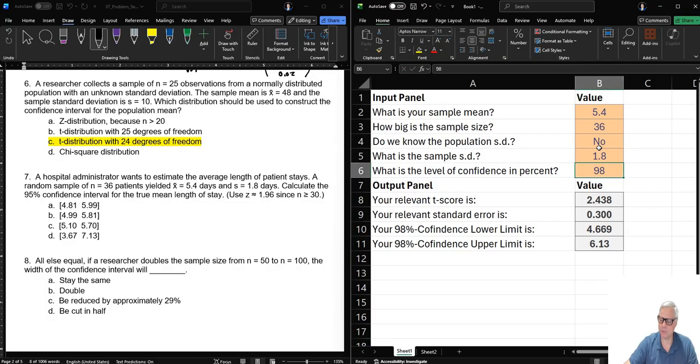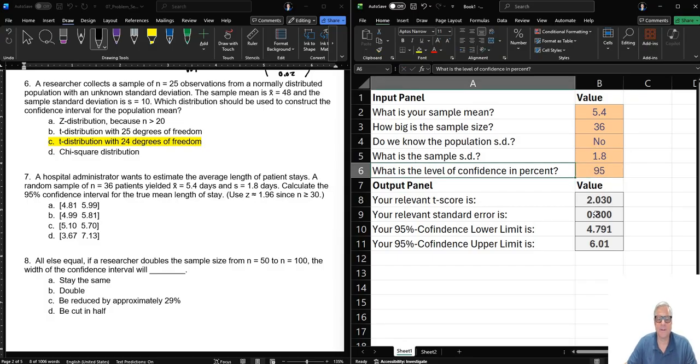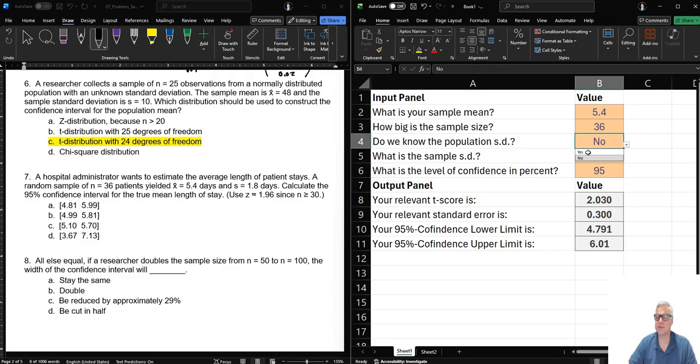And we want to have the 95% confidence interval. And you see that the true relevant t-score is actually 2.03. But the exercise said it should be 1.96. So if we pretend that this is actually a yes, you can see this is where the number comes from, but there's a slight difference.